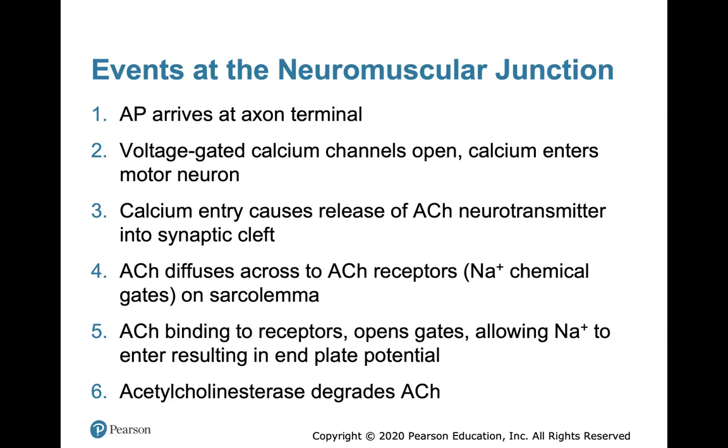Acetylcholine will diffuse across to its receptors, which are sodium chemical gates on the sarcolemma. When acetylcholine binds to these receptors, it opens those gates, allowing sodium to enter, resulting in what we call end plate potential. Acetylcholine esterase is an important enzyme that degrades excess acetylcholine.